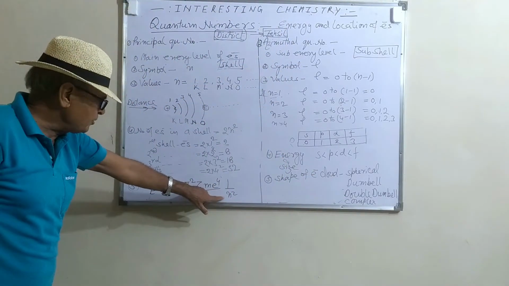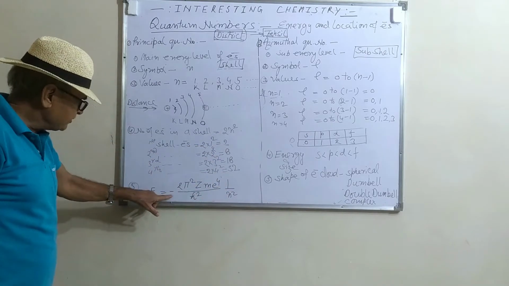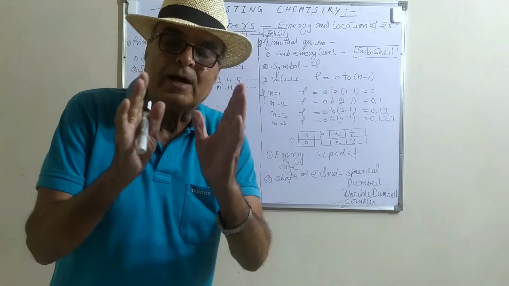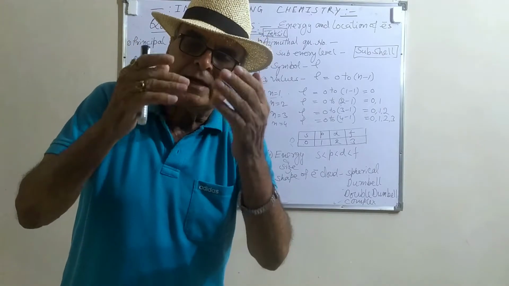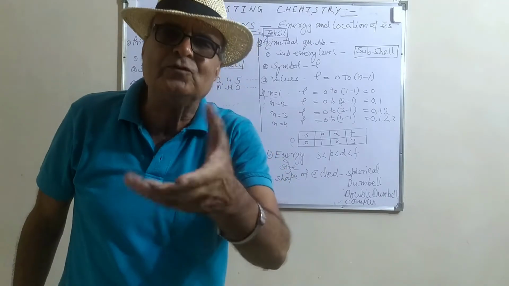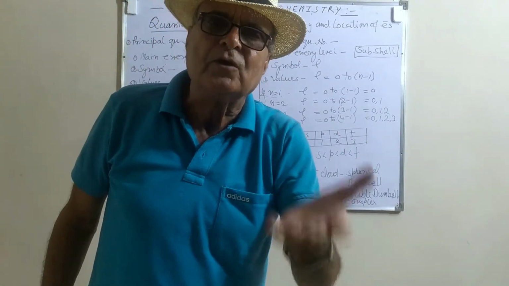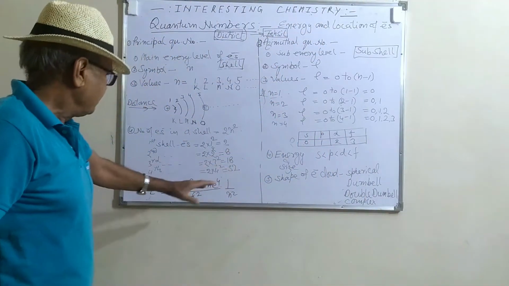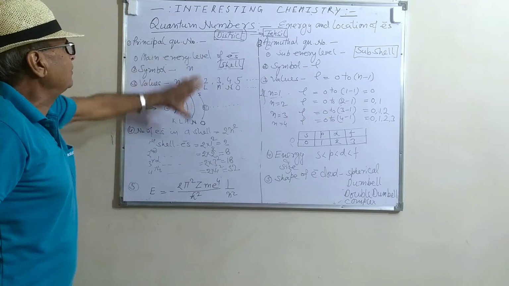And here is n square, with a minus sign. So by putting in the value of n square, when the value of n increases, the energy will also increase.